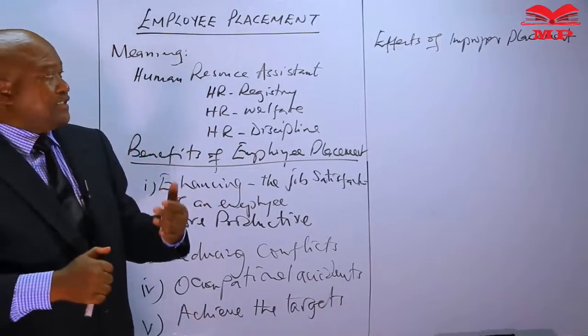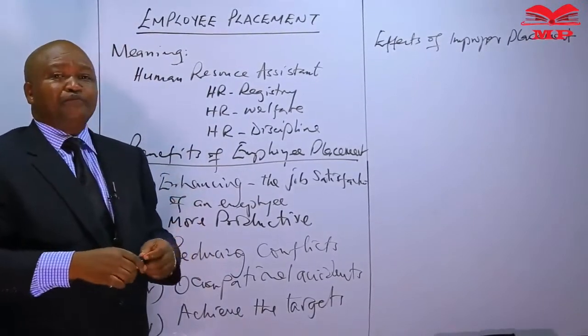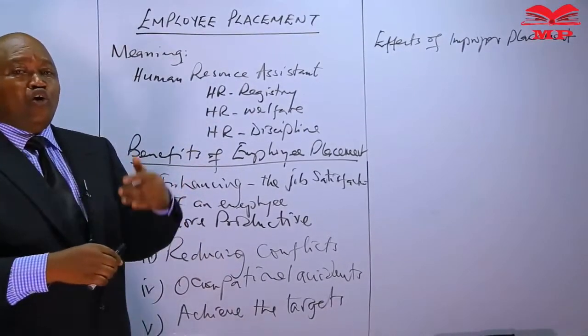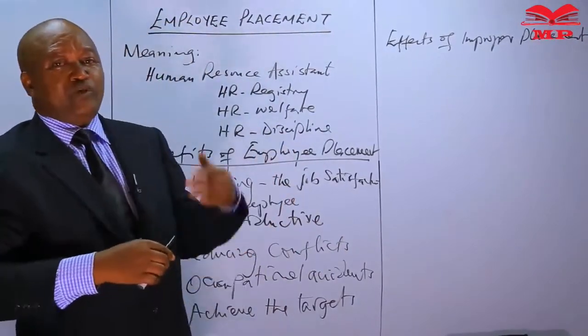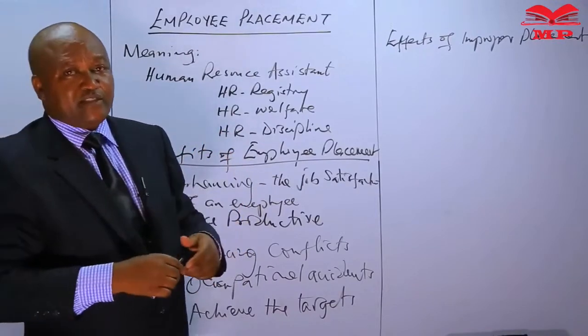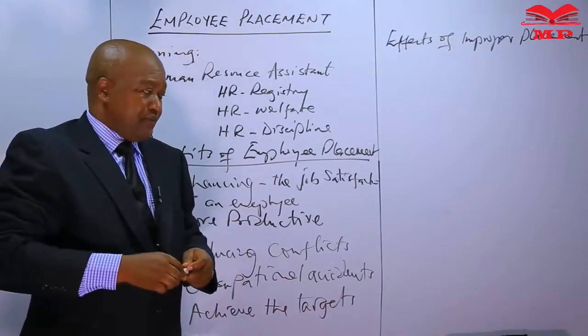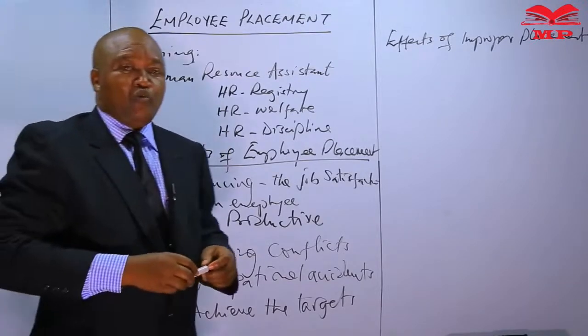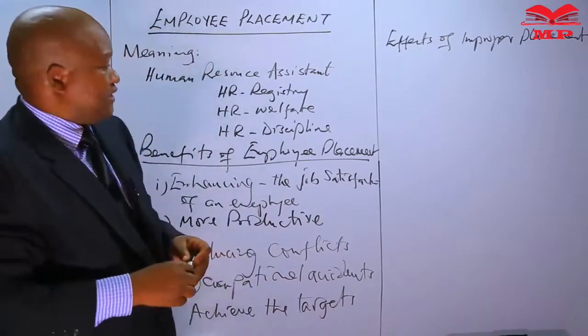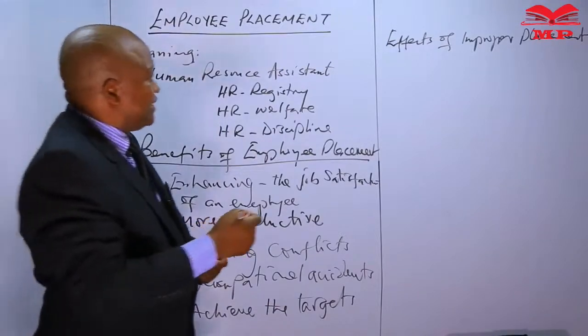Improper placement is a scenario where an employee has been put in a job or has been assigned duties, and these duties are not in line with what the employee knows, the experiences of the employee, as the case might be. So in this case, some of the effects that may be associated with the improper placement of employees may include, but are not limited to, the following.